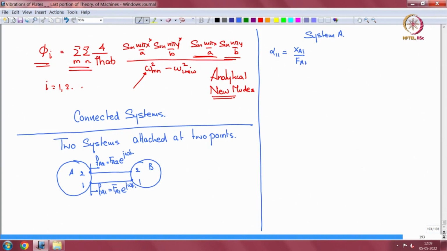Then we have alpha 12, which is response at 1 by force at 2. And we have alpha 21, which is response at 2 due to a force at 1. Then alpha 22, which is response at 2 by force at 2.